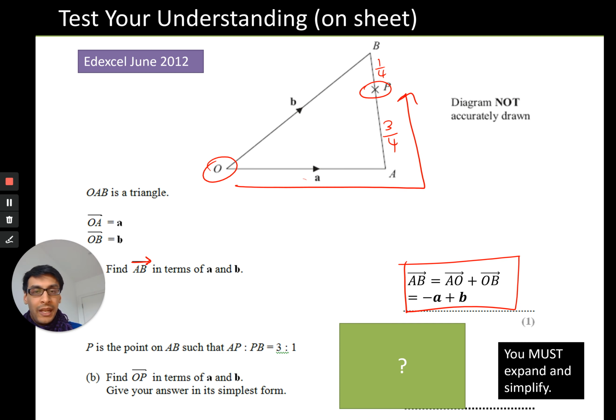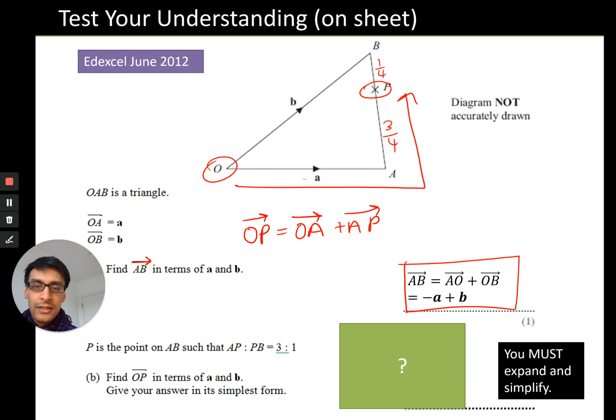It probably is not in any way easier. It's exactly the same difficulty, but it feels a bit easier. So the first thing I'm going to need to write out is I go from O to A. Well, let's start again. We're going to work out OP using OA plus AP.